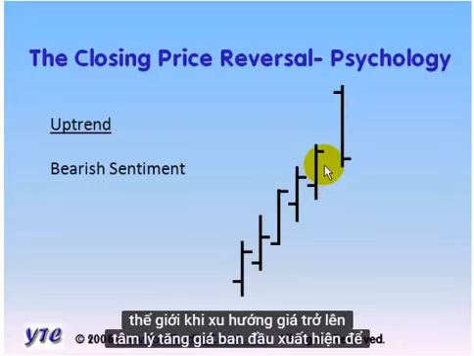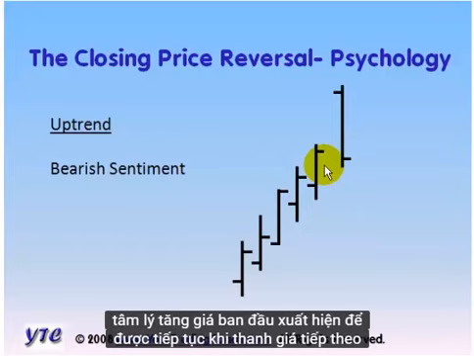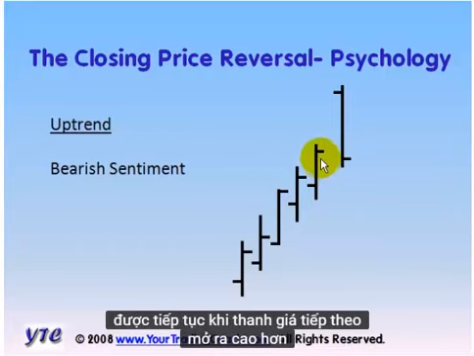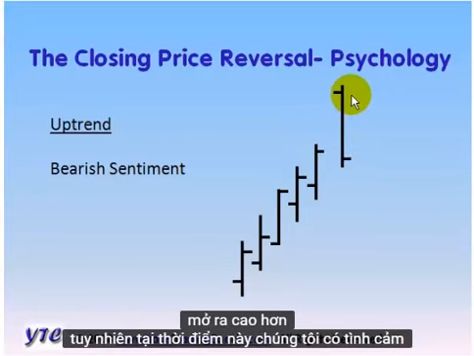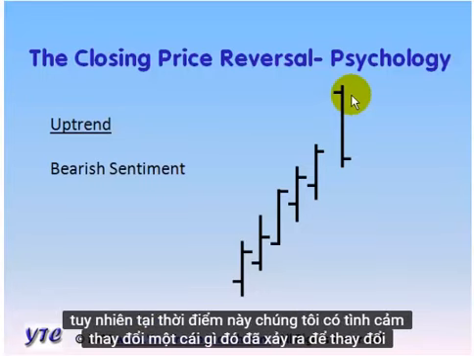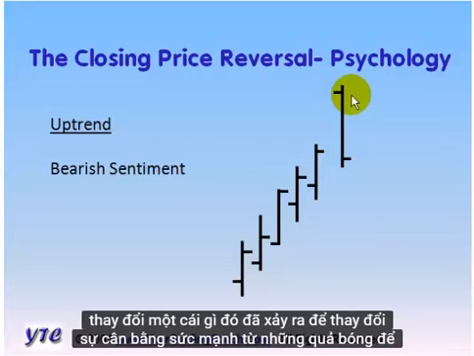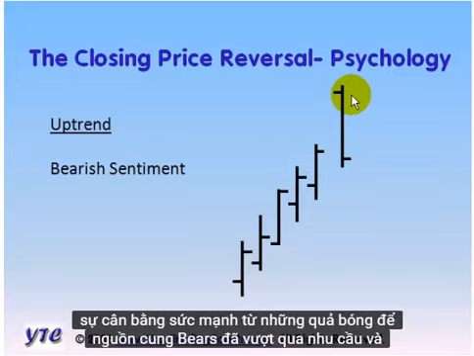That bullish sentiment initially appears to be continuing when the next price bar opens up higher. However, at this point we have sentiment changing. Something has occurred to shift the balance of power from the bulls to the bears.